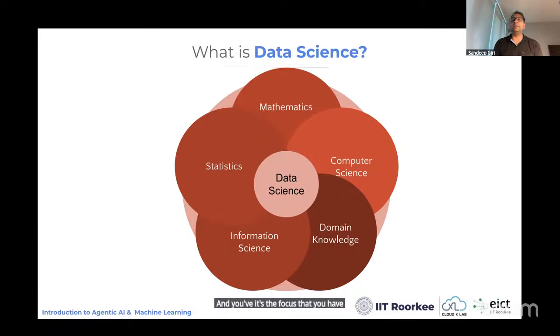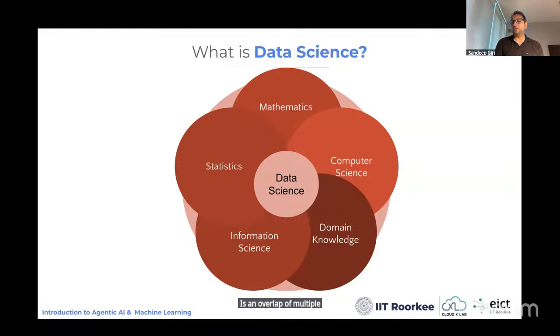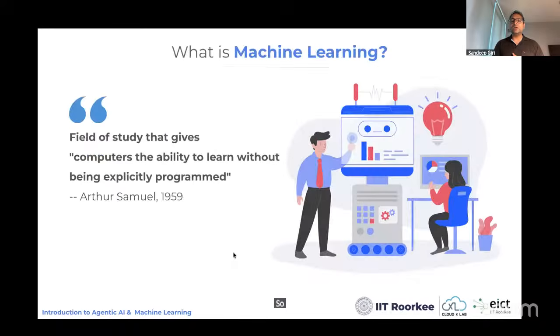Usually when people choose their project, they choose it based on their own domain knowledge or domain of interest. And then we apply all of these things in order to solve their problems. So data science is an overlap of multiple things. That's why in this course, most of the problems are a combination of maths, information theory, computer science, and statistics. We will go into more details.